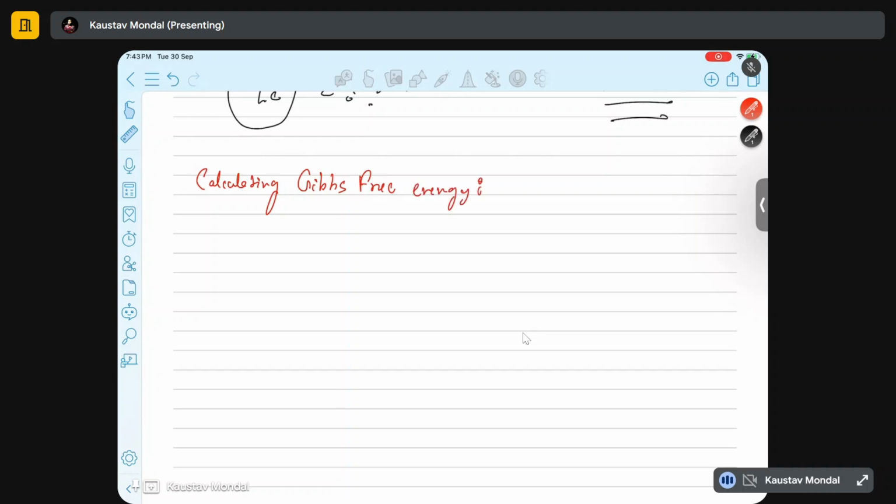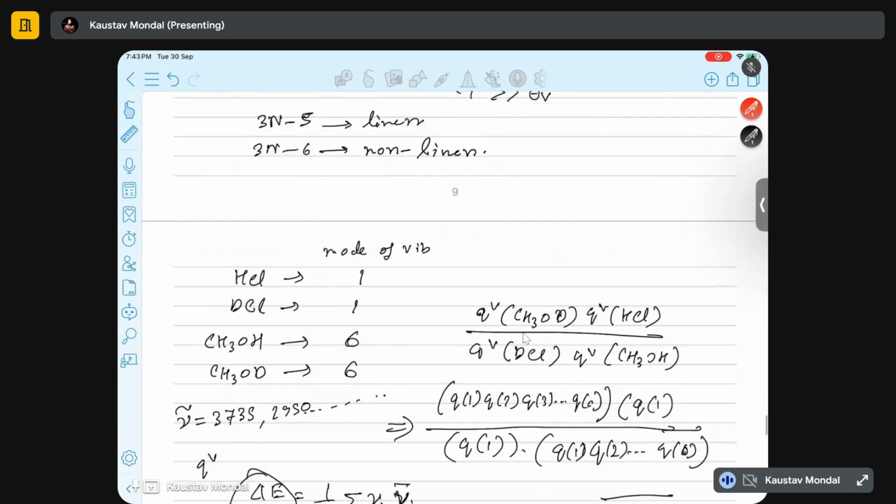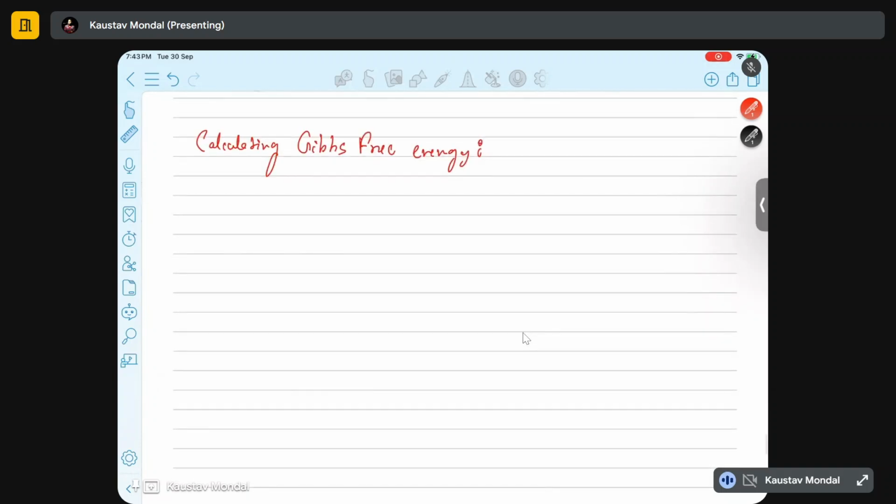One way to calculate the Gibbs free energy is delta G at standard condition equals minus RT ln K. Here K is the equilibrium constant.